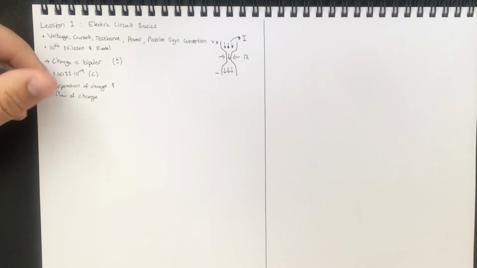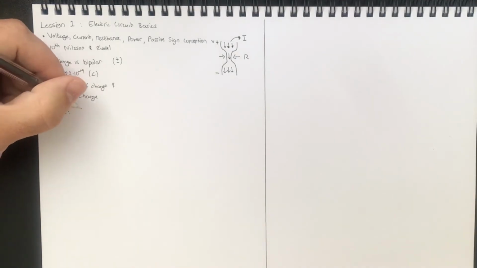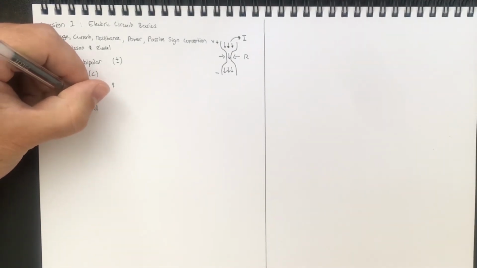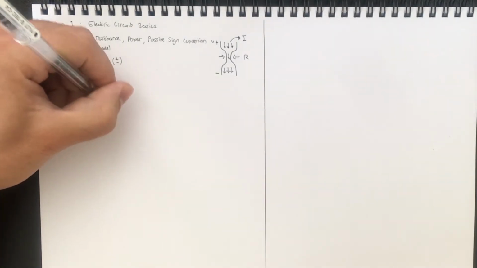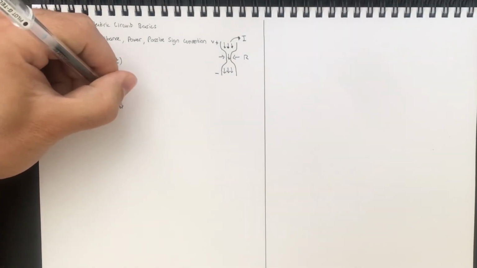Okay, let's now describe what voltage is. We define voltage in its differential form as the variable V = dW over dQ. So this is the energy per unit charge.